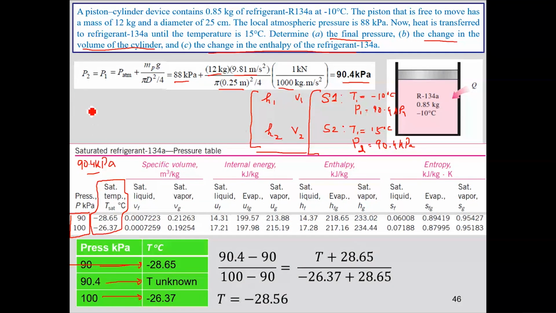So for 90.4 kilopascal, this temperature is the saturation temperature.